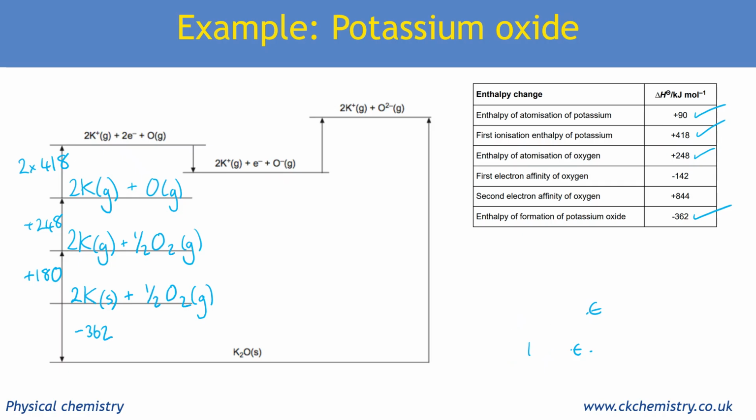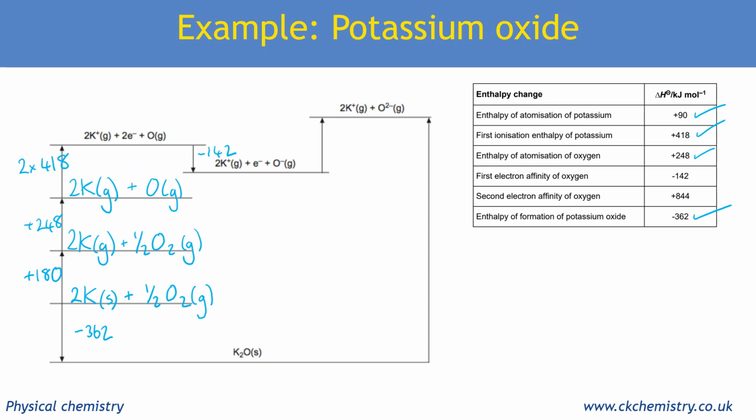With electron affinity, it's a bit different. When you first add an electron, that's this value here, -142. That's exothermic. It's not really big, but it's a little bit exothermic. That is because, like we said, we are bringing together 2 things which are attracted, an electron and an atom that has a nucleus with positive charge that is pulling the electron towards it.